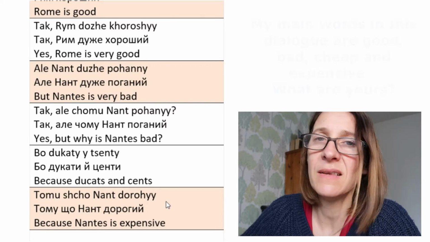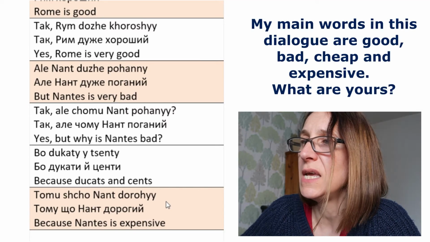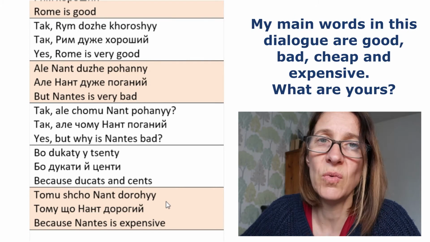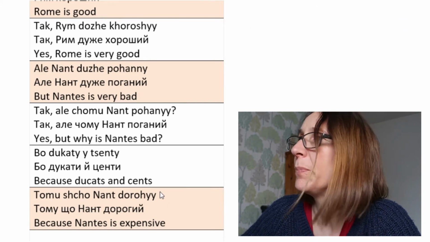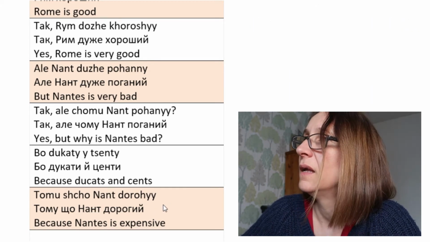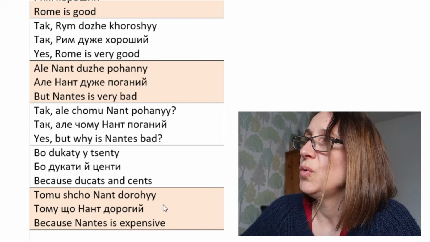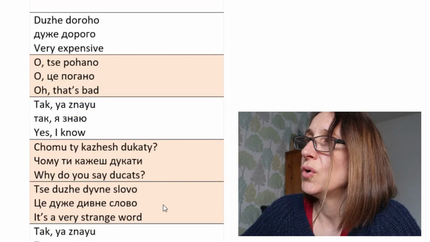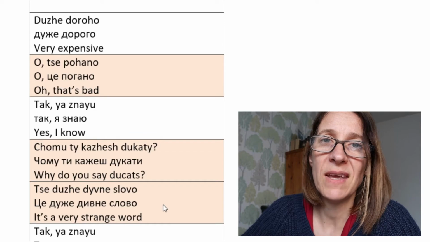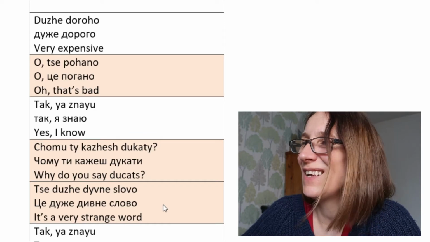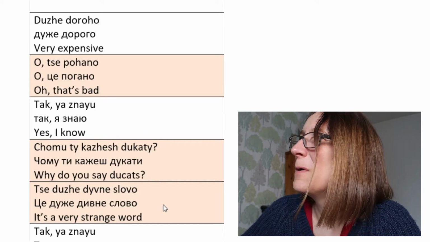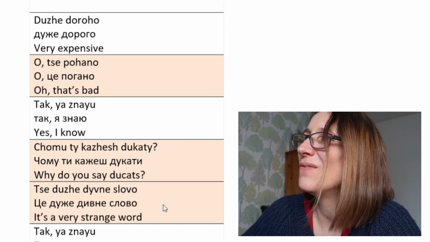Dorohi means expensive. Okay, so that's a new word for me. Dorohi. And a good one, I like it. Duże, doroho, very expensive. I like it being duże, not dorsha or whatever.